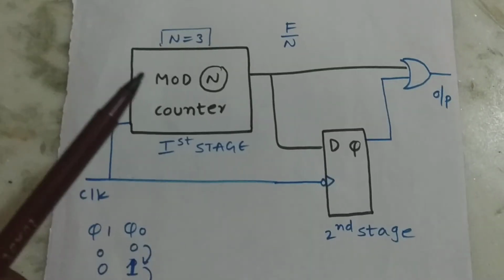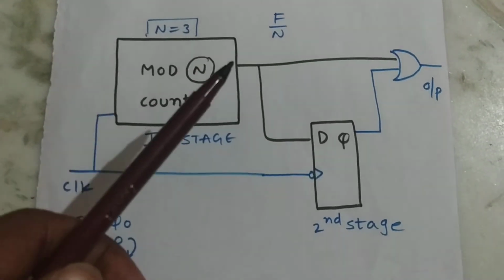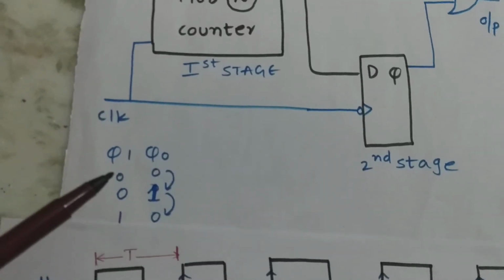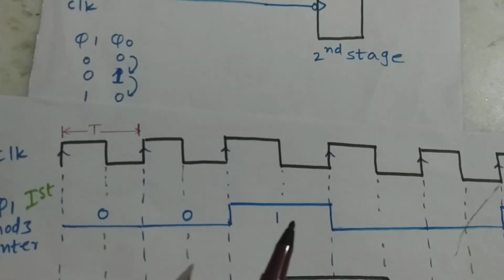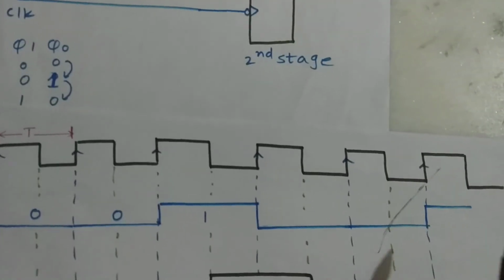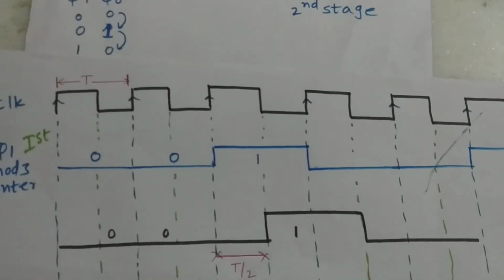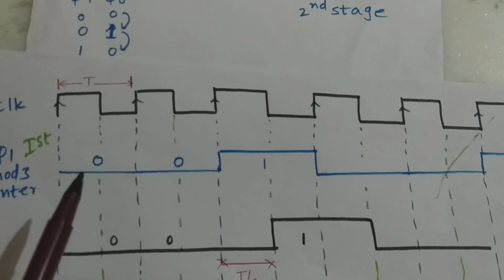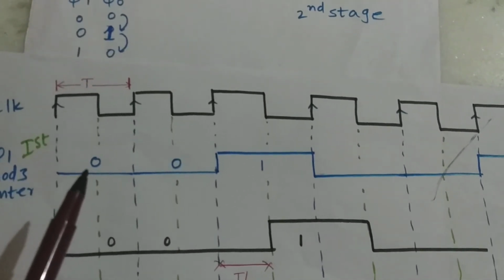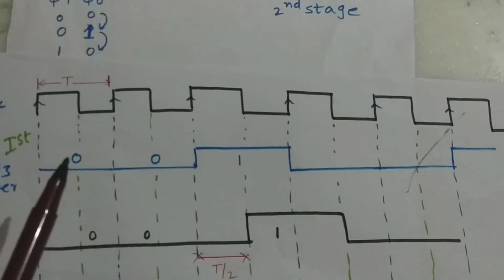As you can see, the first stage output will be taken from Q1. It is 0 0 1, and 0 0 1, and so on it continues. So this is the Q1 output. You can go for Q0, but Q1 is advantageous. I will say later why it's better than Q0.